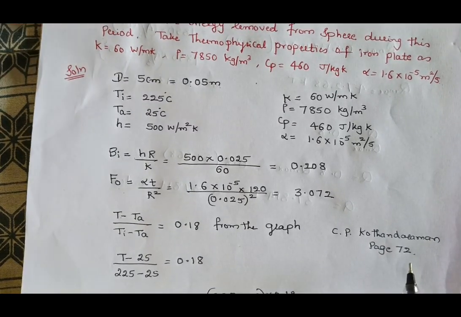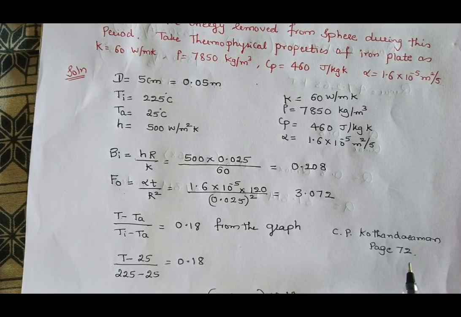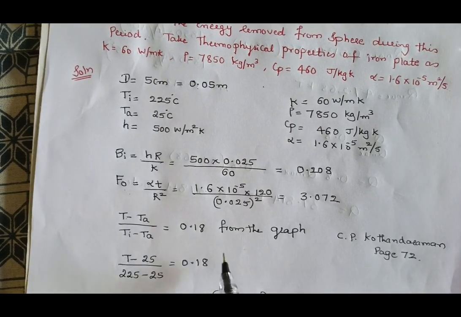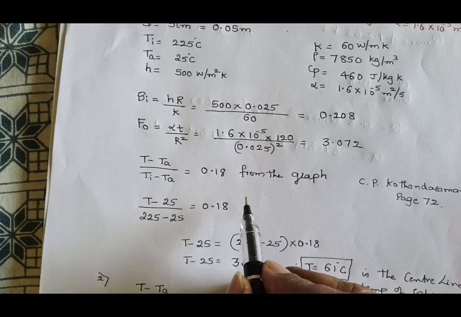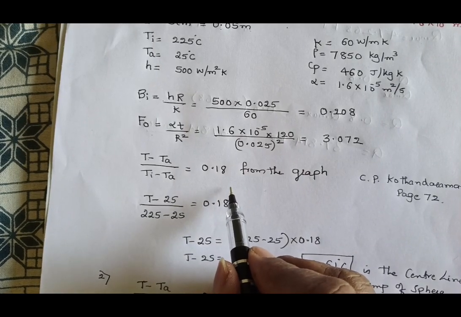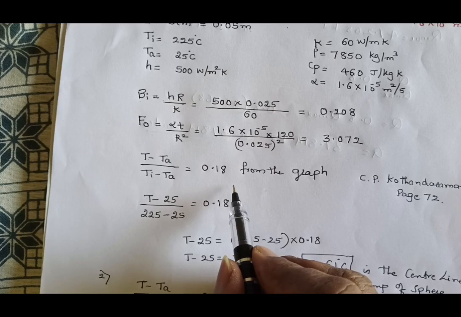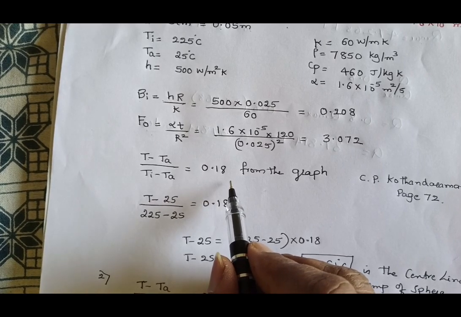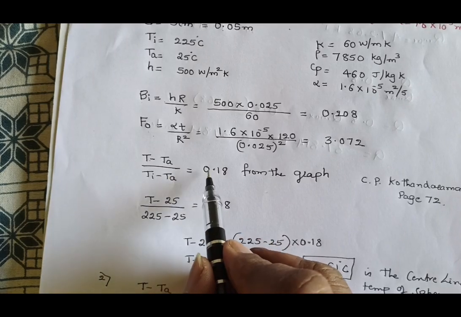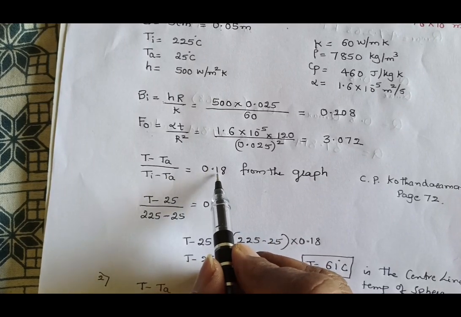On the x-axis the Fourier number values are given, and in the graph the Biot number curves are given. Based on the Fourier number and the Biot number, we get this value as 0.18 from the graph.